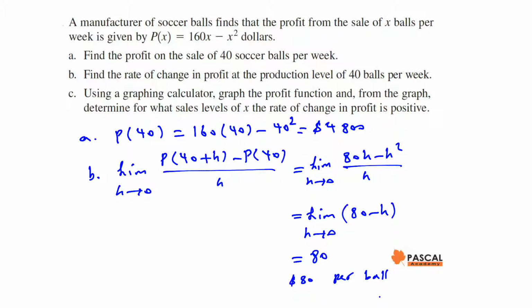The last part is asking to sketch the graph of the profit function and find out for what sales levels of x the rate of change in profit is positive. The graph of the function is a downward parabola.